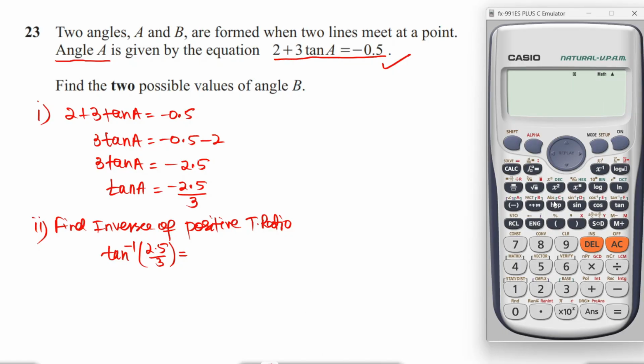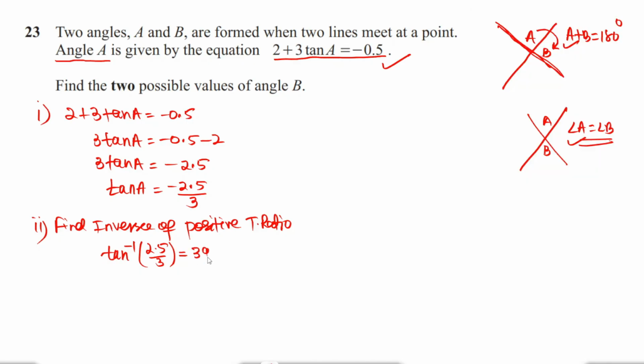Tan inverse of 2.5 over 3. Okay, we got 39.805. Let us take it as 39.81 degrees. Okay, in any way, this is the angle we got.